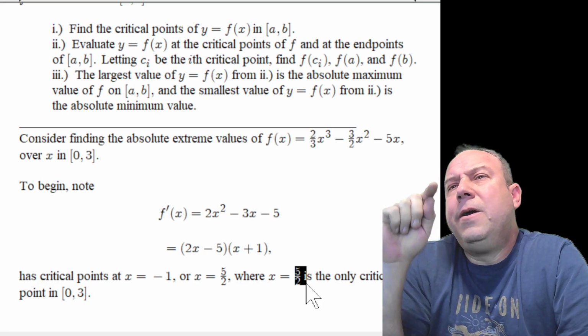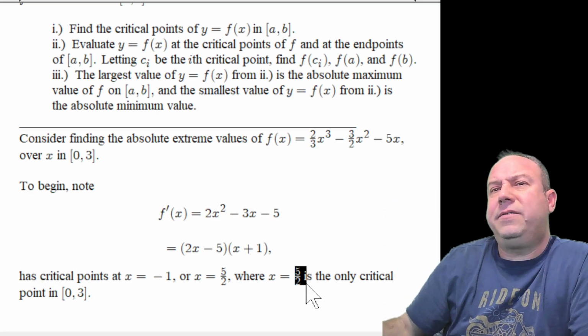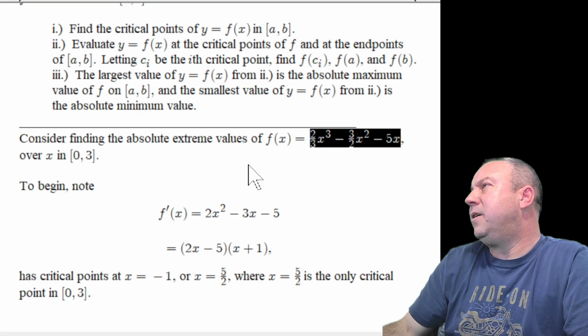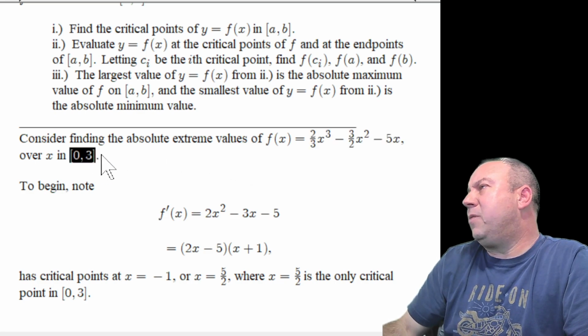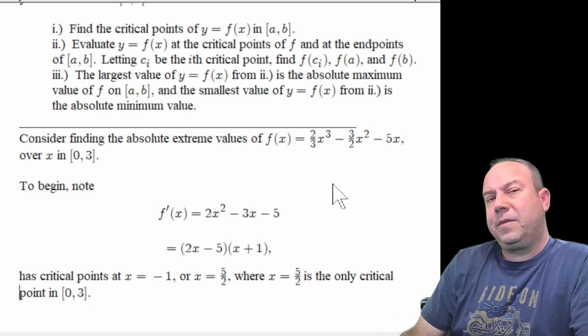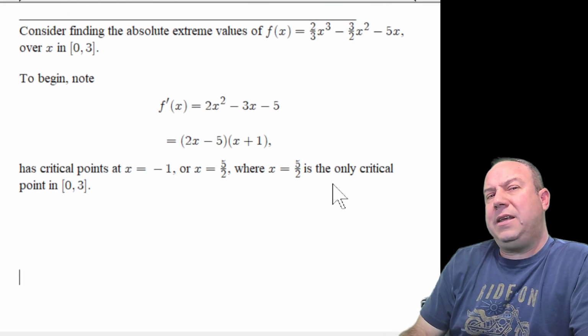All right. So I'm going to test 5/2 by plugging it into my function and seeing what the output is, and comparing that to the output of my function at 0 and 3. Now, I do that in a table here.